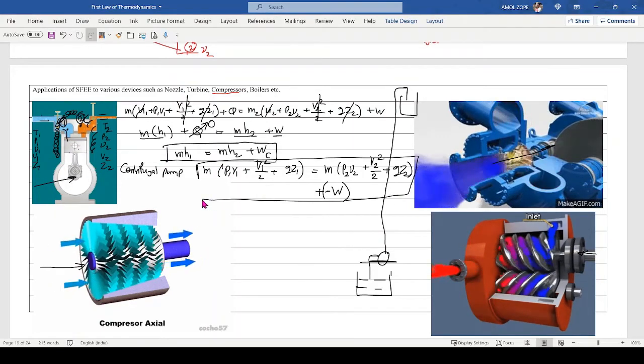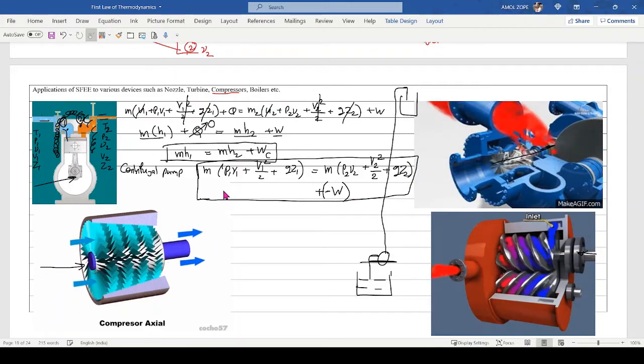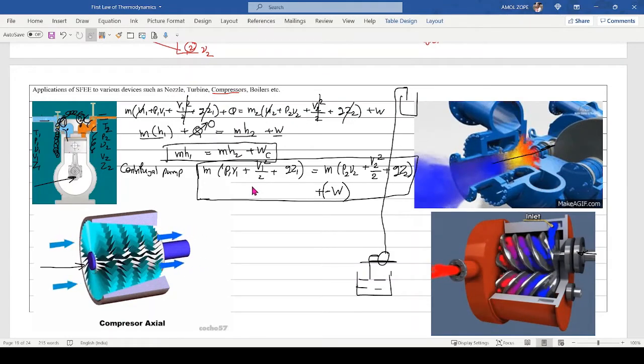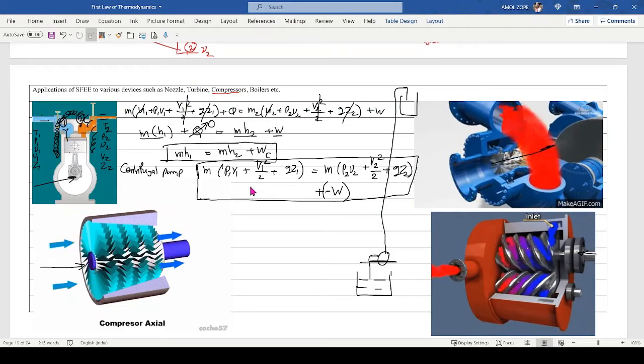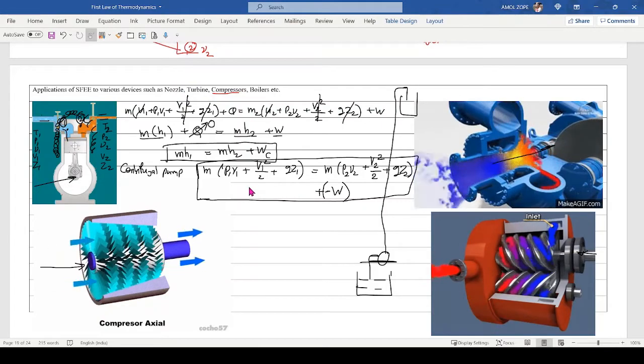So you can use this equation or you can use this equation. It depends upon your application, upon the situation at a particular location inside your system, which energy is to be considered and which energy can be neglected.